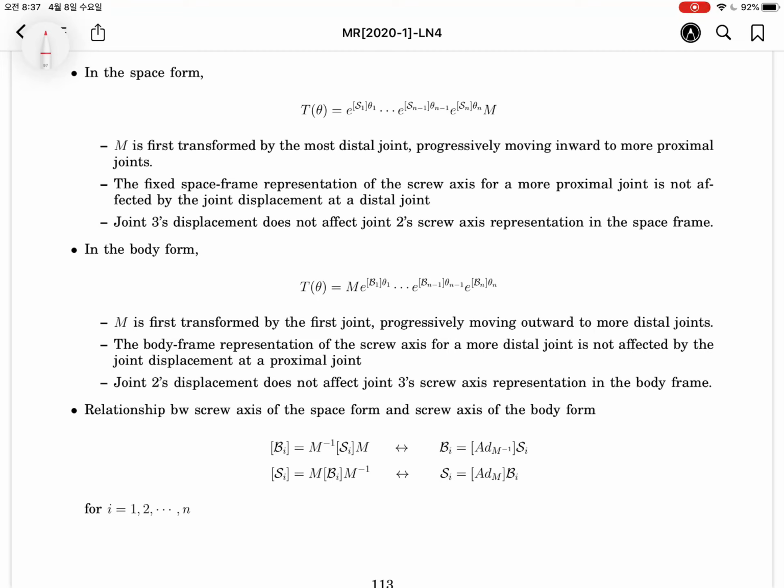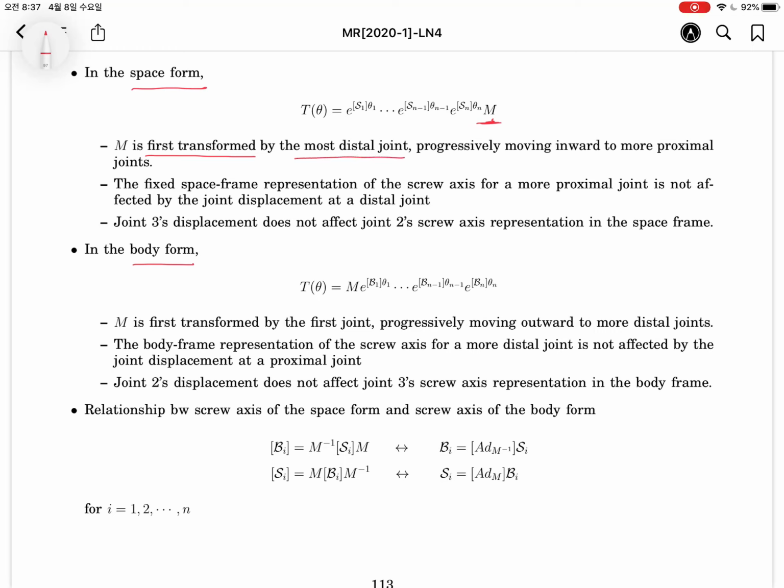Okay, let's summarize the two forms. Space form and the body form. In the space form, the M appears as the last term of the homogeneous transformation.